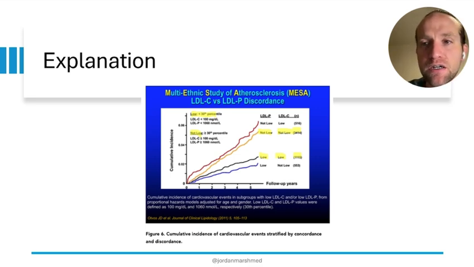And so here, this group had less incidence of cardiovascular disease events over a follow-up period, and these people had more. So again, because there is concordance, LDLC is a good indicator of their cardiovascular risk, okay?